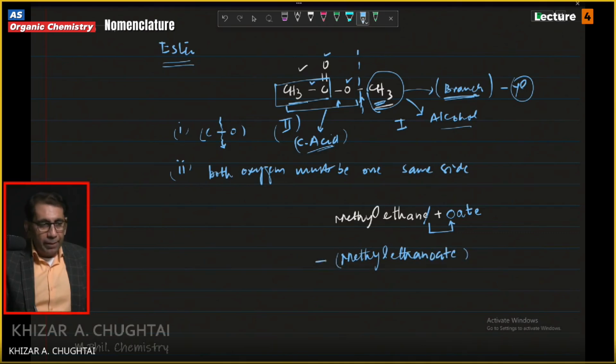I think you are familiar with this sort of nomenclature since your O level or IGCSE chemistry. So methyl ethanoate is the name of this ester.